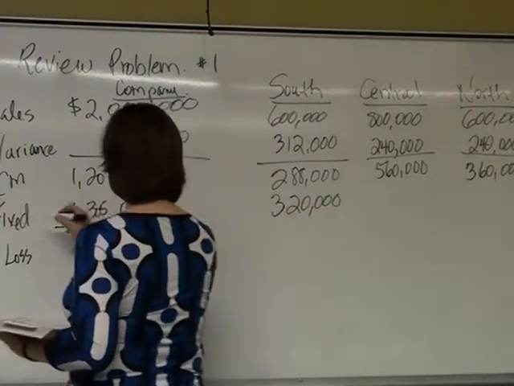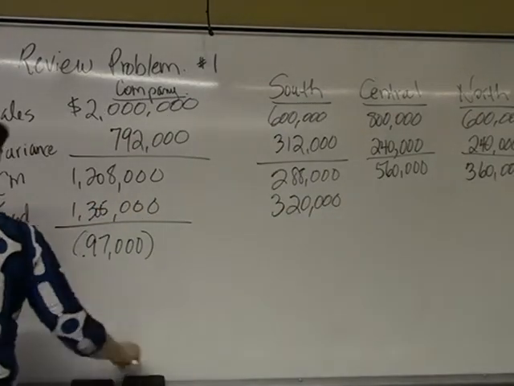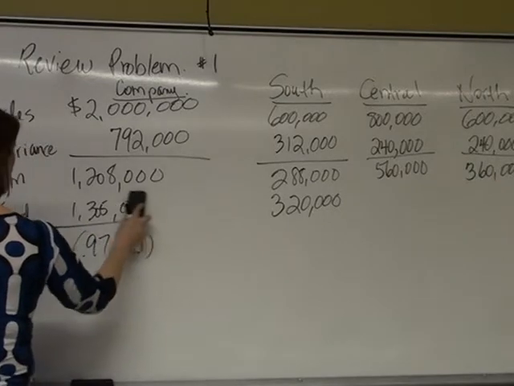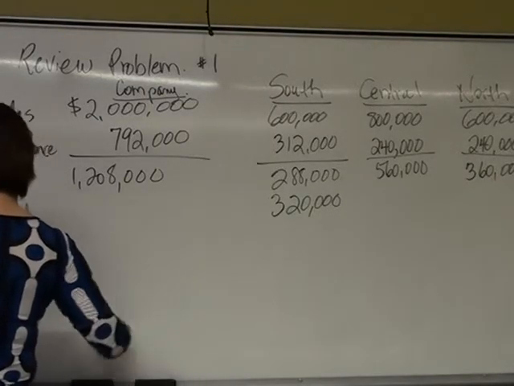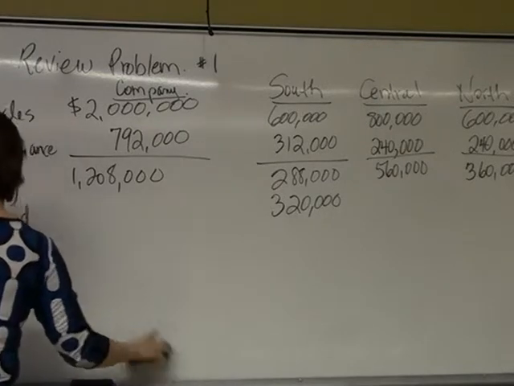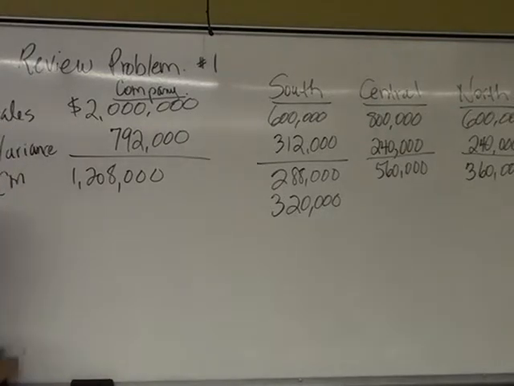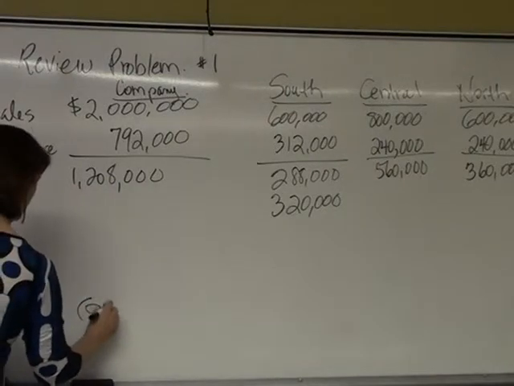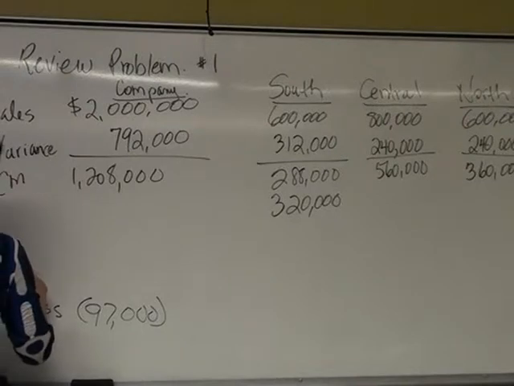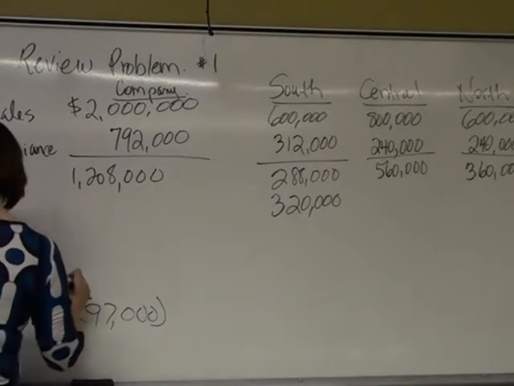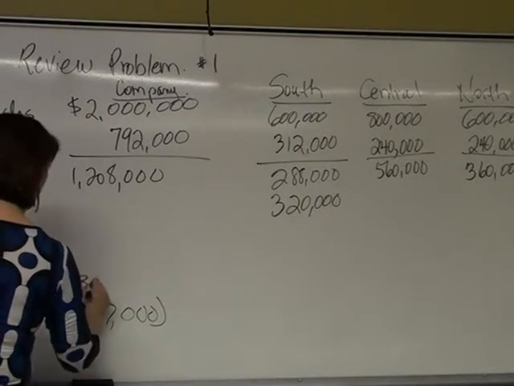So now instead of fixed costs, we are actually going to move this. Our operating loss is 97,000, and our fixed are, what? 1305.